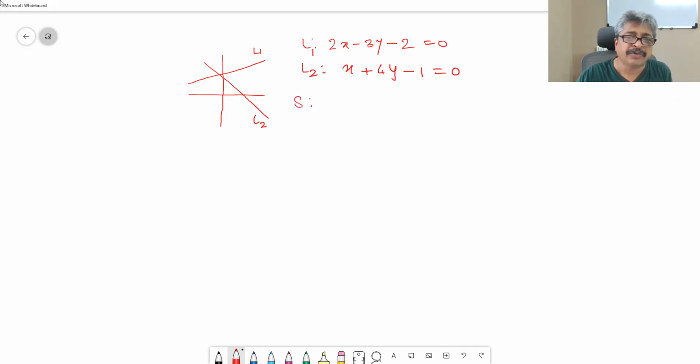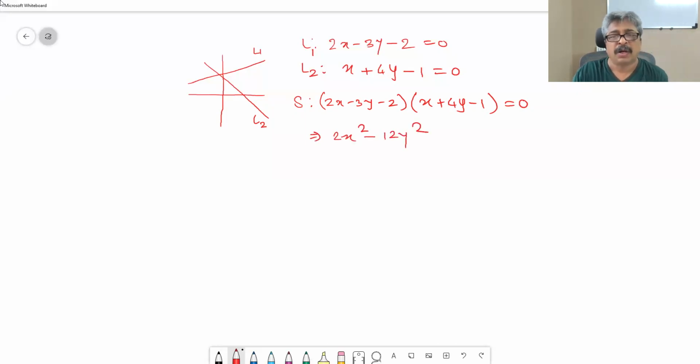So S, which is our degree 2 curve, will look like (2x minus 3y minus 2) into (x plus 4y minus 1) is equal to 0, which we can very easily do. 2x square minus 12y square plus 5xy minus 4x plus 5y plus 2 is equal to 0. Okay, this way it is easy.